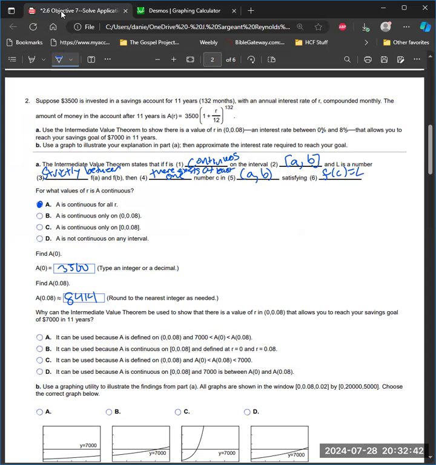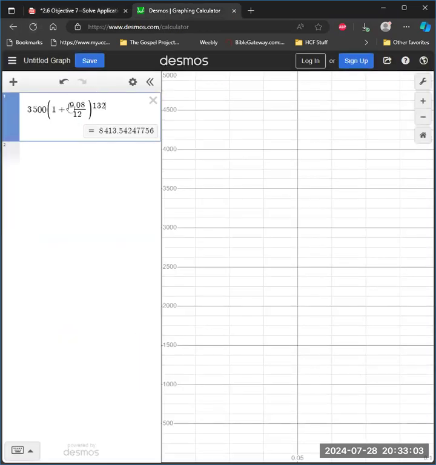So yeah, it can be used because A is continuous on the interval from 0 to 0.08, and 7,000 is between A of 0 and A of 0.08. Let's go ahead and graph this with an x in there.